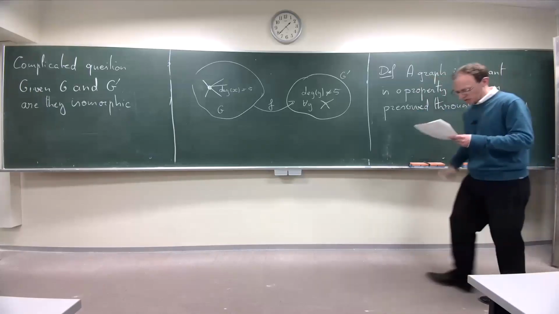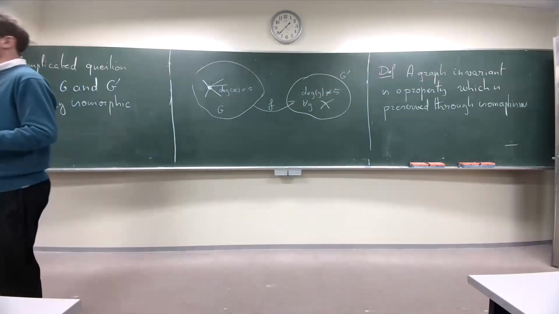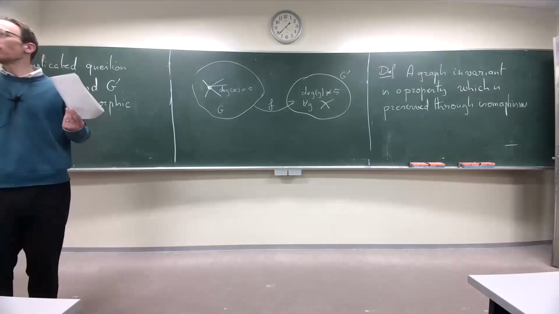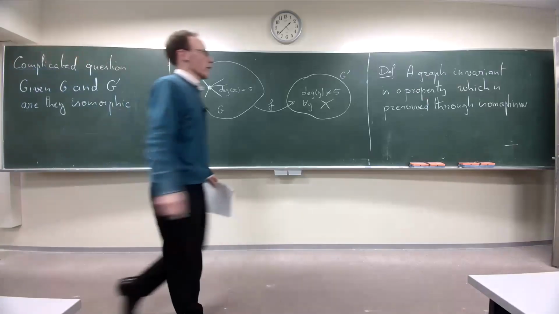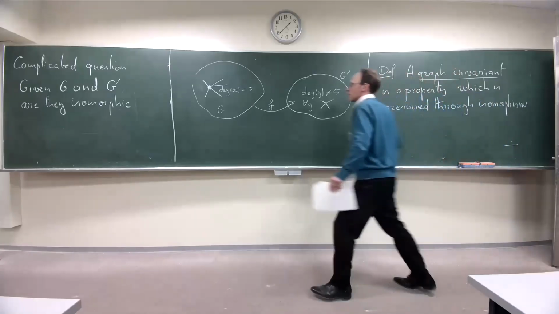It means if the first graph has this property, the second one, which is isomorphic, has to have the same property. So if you know that one graph invariant is not the same in the two pictures, these two graphs are not isomorphic. This is really the key point.